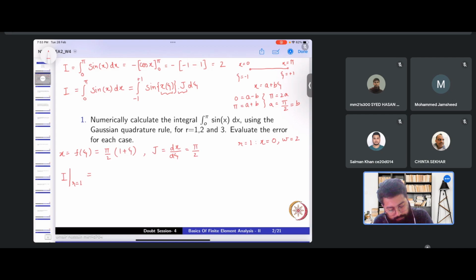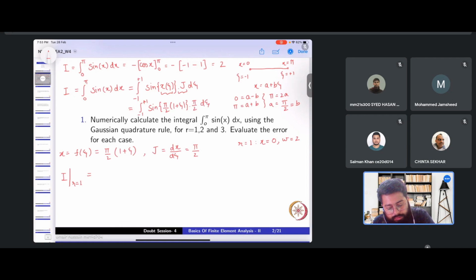So we change our function. Our integration becomes minus 1 to plus 1 of sin of x of zeta, which is pi by 2 times (1 plus zeta), and the Jacobian is again pi by 2 d zeta.